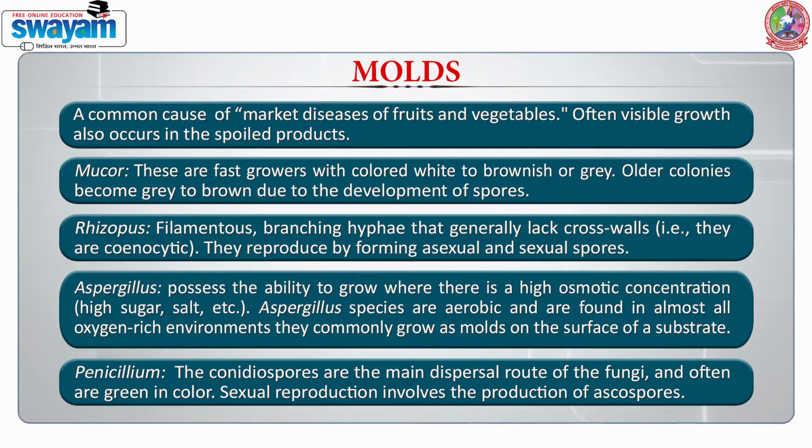Penicillium is another commonly found spoilage organism. The identifying feature of Penicillium is that the conidiospores are the main dispersal route of the fungi and these are green in color. Sexual reproduction involves the production of ascospores.